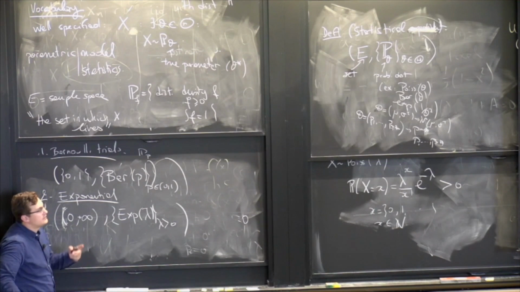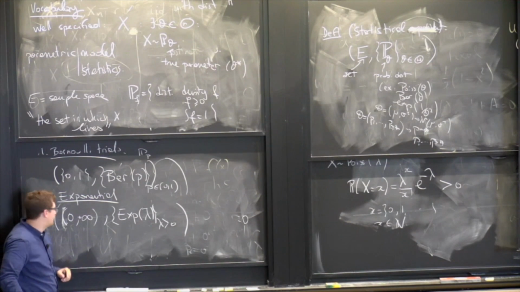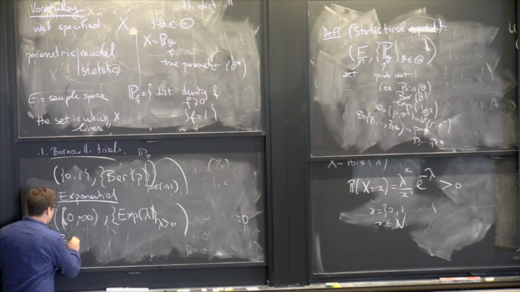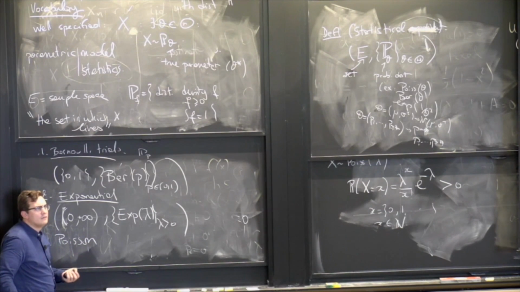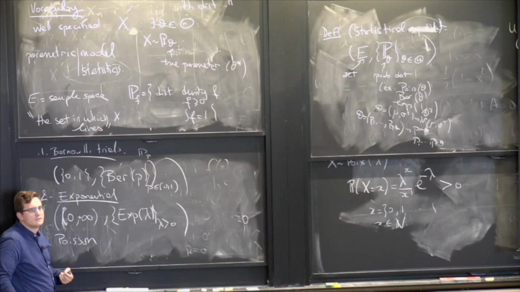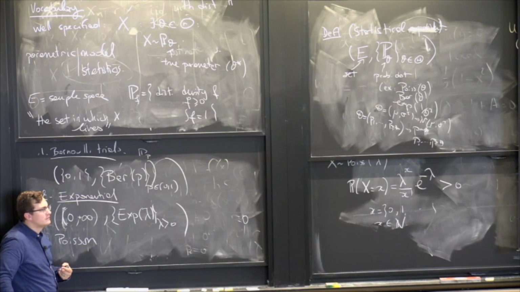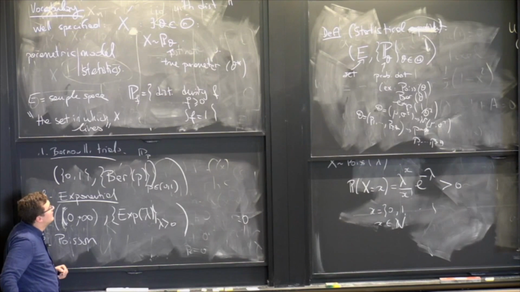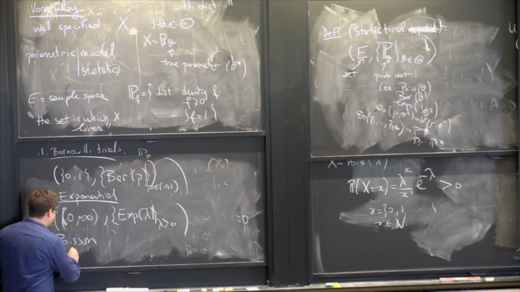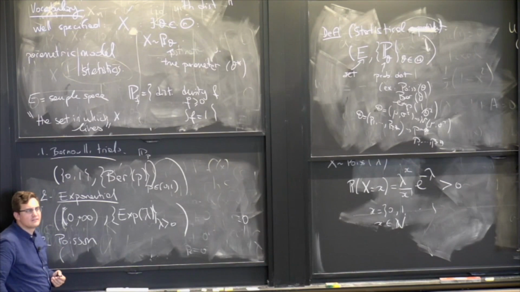What is the third one? Can somebody tell me? Poisson. So is a Poisson random variable discrete or continuous? Go back to your probability. The answer is the opposite of continuous. Good job. So what values can a Poisson take?